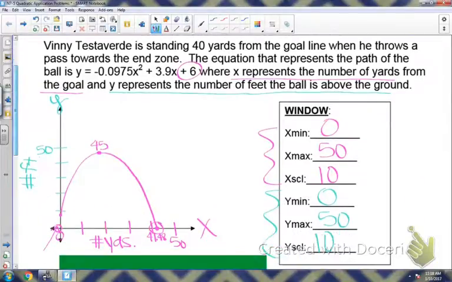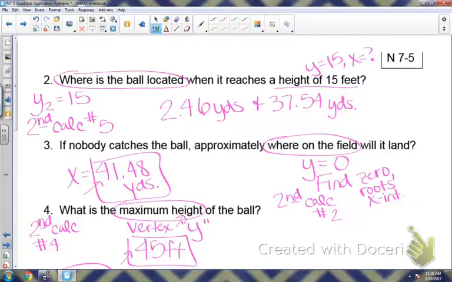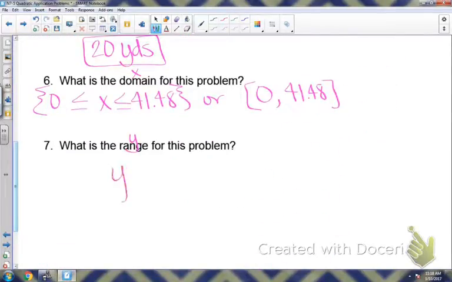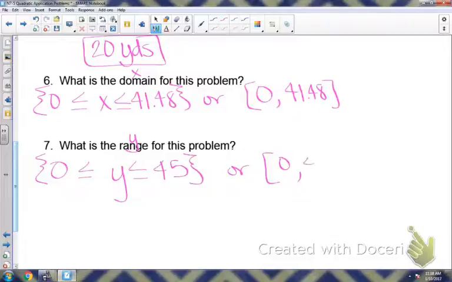So we're going from 0 to 45 on the y. So again, you can either use set notation, it does include 0 and 45, or interval notation, you're going from 0 to 45, and it includes it, so brackets.